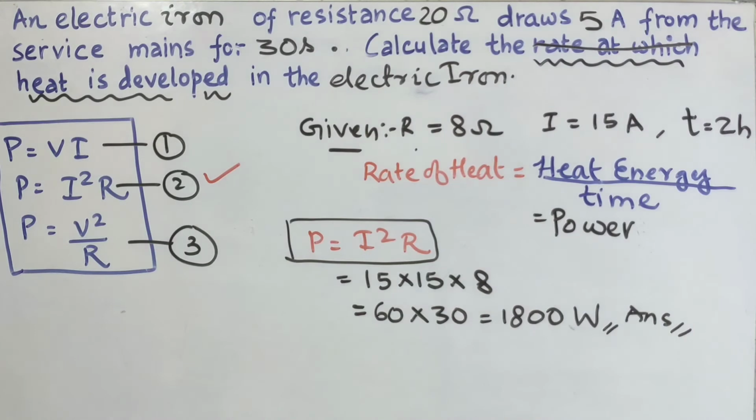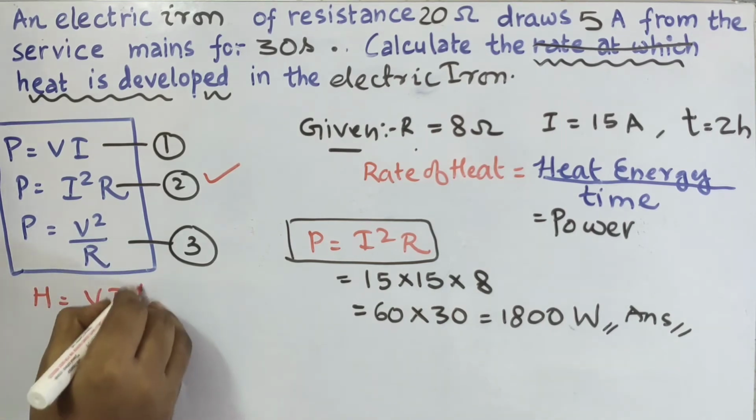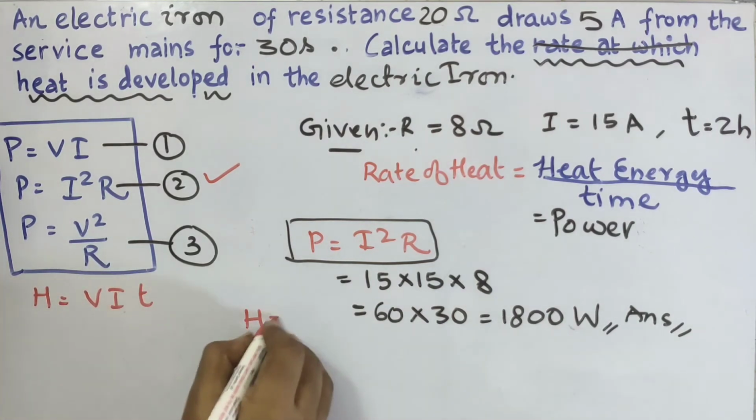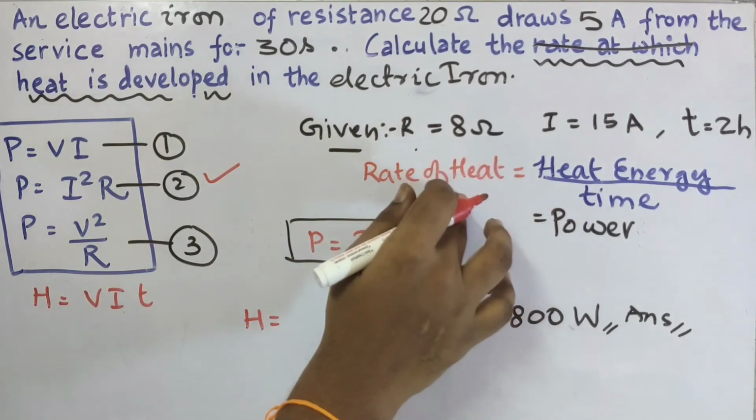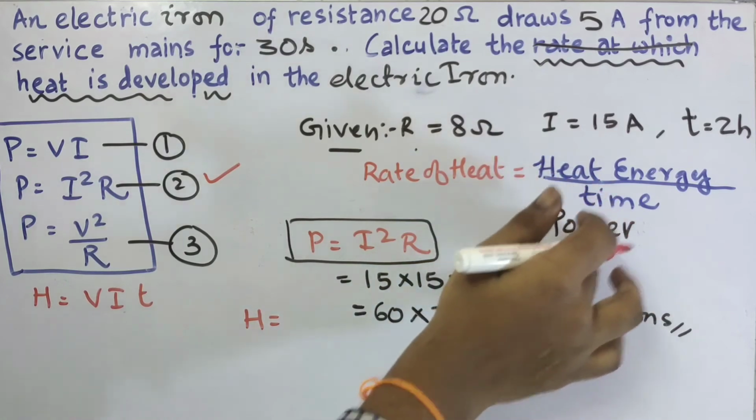So let's solve this question. So in this, clearly what we have to find out? Heat. So what are the formulae for heat? So H is equal to V into I into T. Actually heat is what? Power is heat by time taken. So heat is equal to power into time.